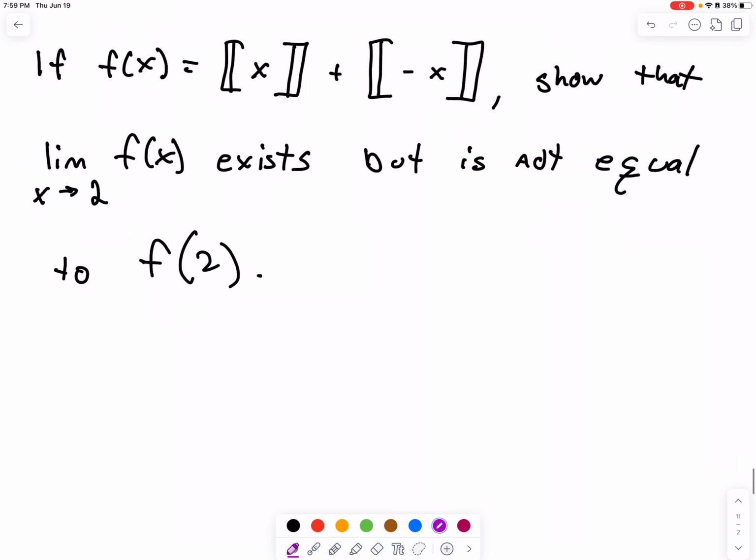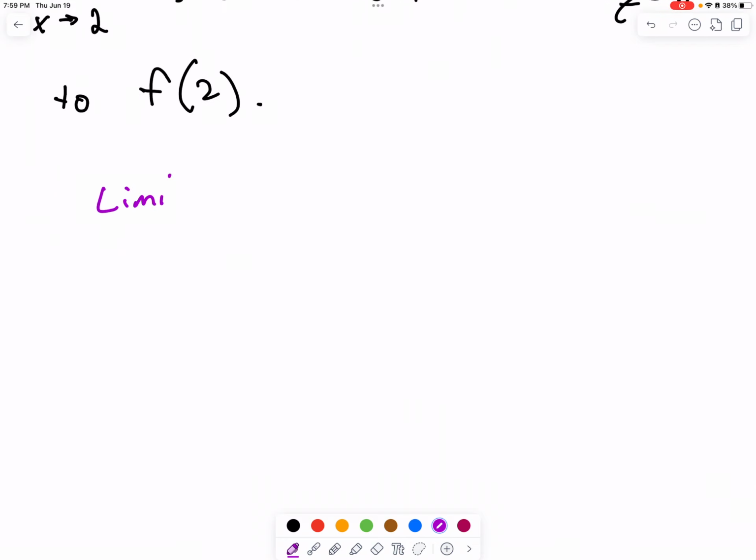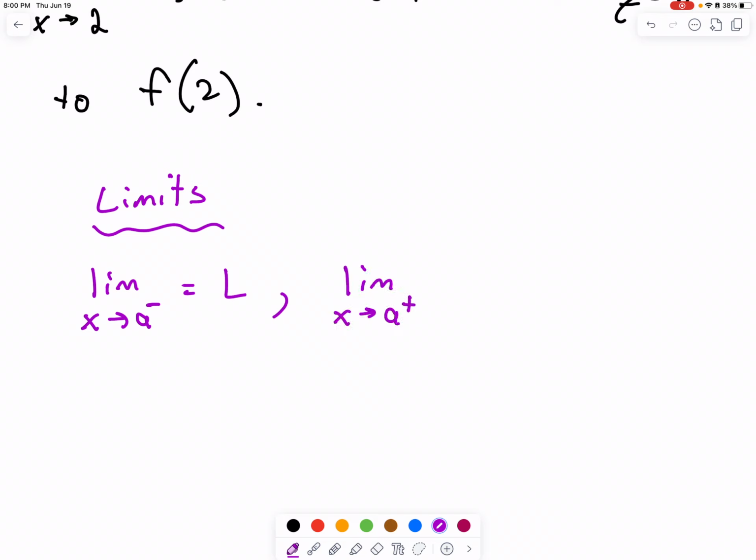So then with limits, from last time, let me mention this. When it comes to limits, in order for a limit to exist, the limit from the left has to exist, the limit from the right has to exist, and those two have to equal each other. We can articulate that by saying the limit as x approaches a from the left has to equal some number, and the limit as x approaches a from the right has to equal that same number.